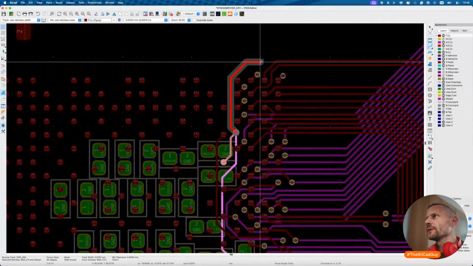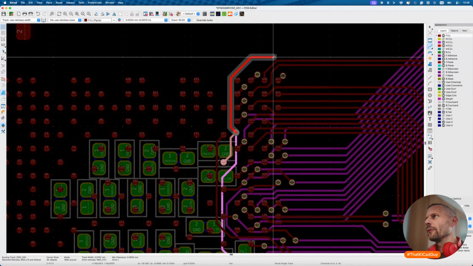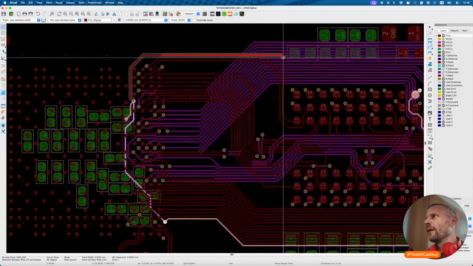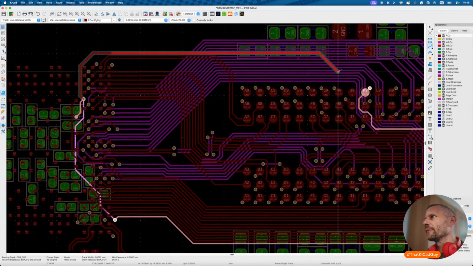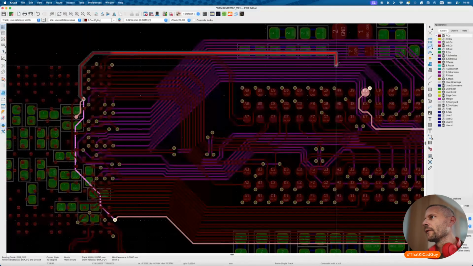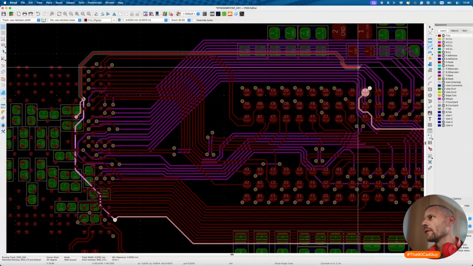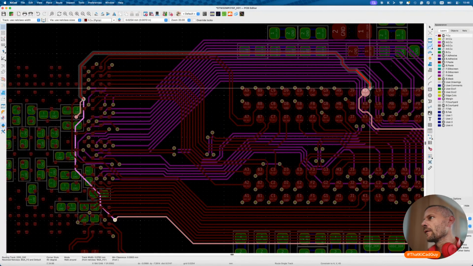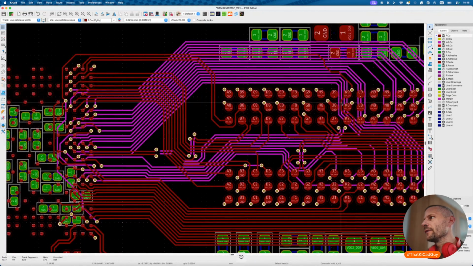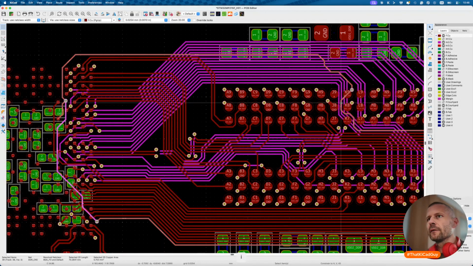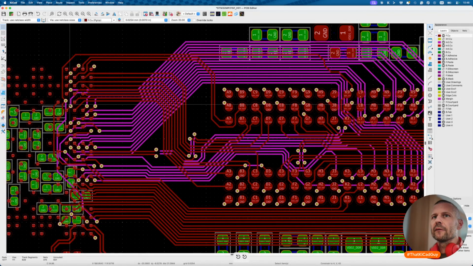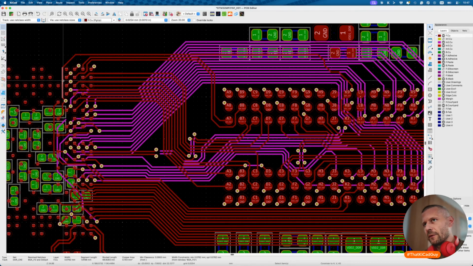So now I know that I must go through this, and if I go here and delete this track, not the entire track, but the bottom segment.